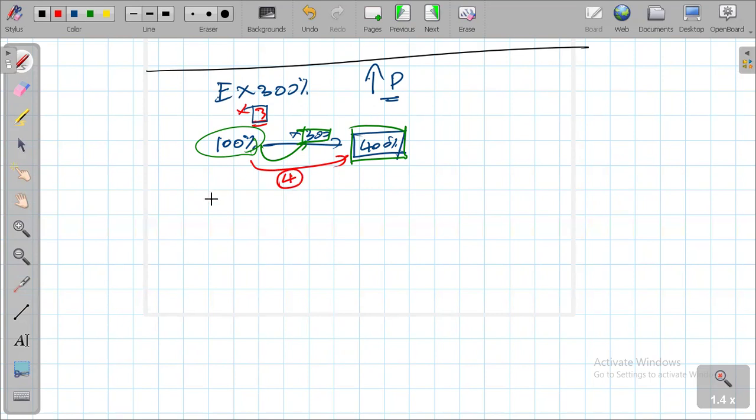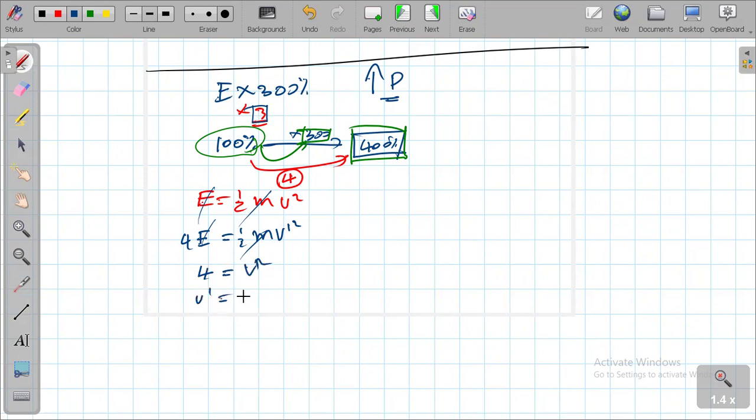4 times the initial. Initially you had half m v square. In the next one, 4E equals half m v dash square. So you can cancel this off, and 4 equals v dash square.